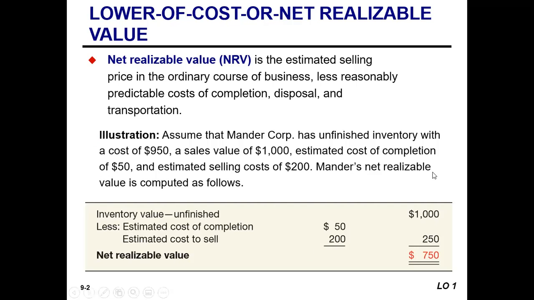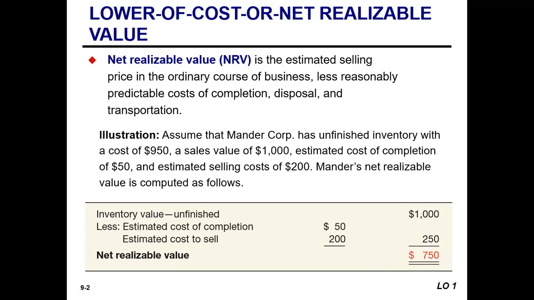And so, thinking of the net realizable value versus its cost. Remember, it says Mander Corporation has unfinished inventory with a cost of $950. So if we have a cost of $950 and we've computed net realizable value of $750, we have a $200 difference there, right?